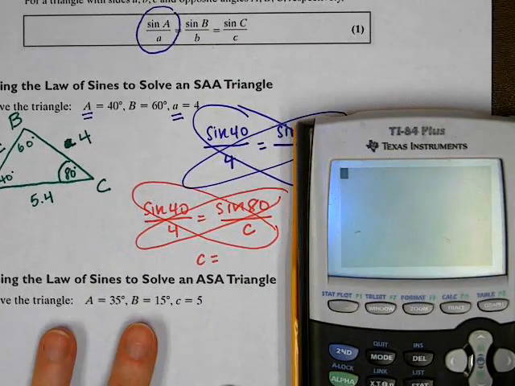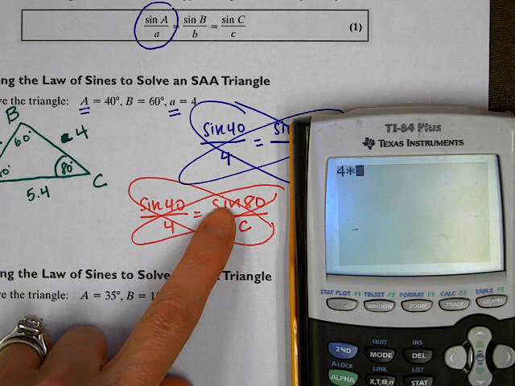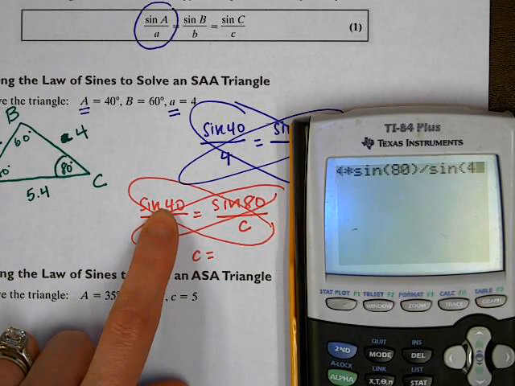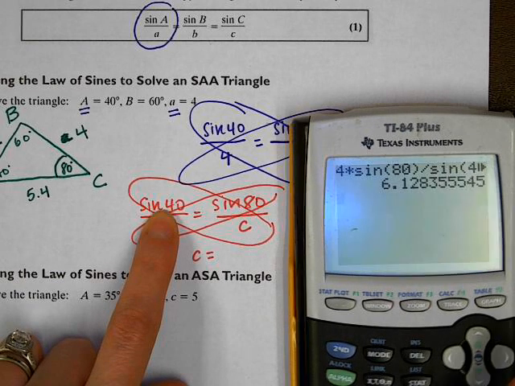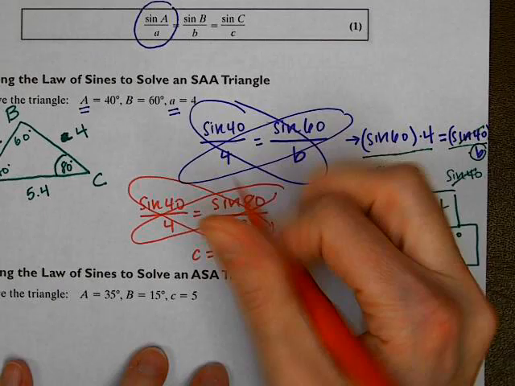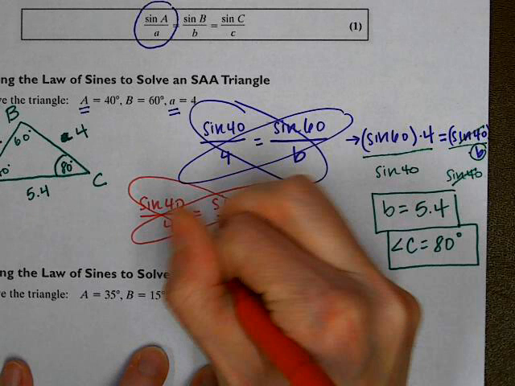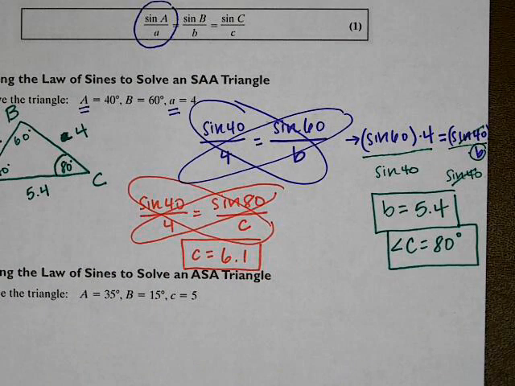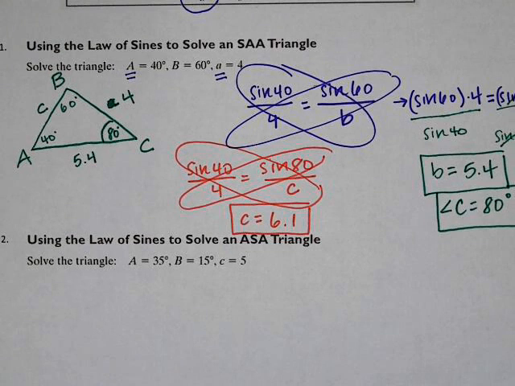All right, so how we type this in, 4 times sine of 80, but then divided by sine of 40. And that gives you about 6.1. And then your triangle has been solved. Just find all the ones that are missing.